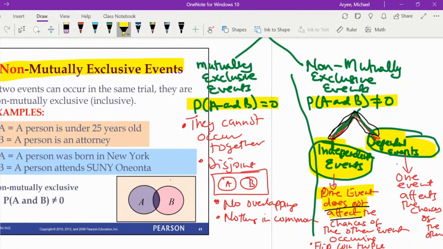So let's say you give your friend a ride every time, maybe to class or wherever it is, and, for whatever reason, let's say your car broke down, right? Then your friend, because your friend depends on you, your friend's chances of coming to class will be affected by whatever is happening to you. So we have independent events and then we have dependent events.